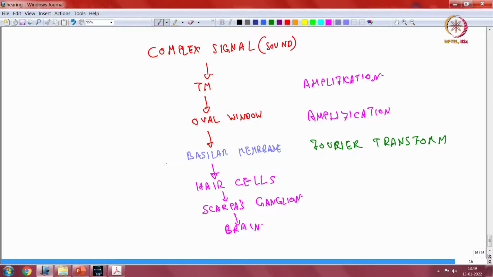Now, these are all frequency locked transmission. So, the data which is actually conveyed to the brain is how frequently a particular frequency of voice is heard in the input data.